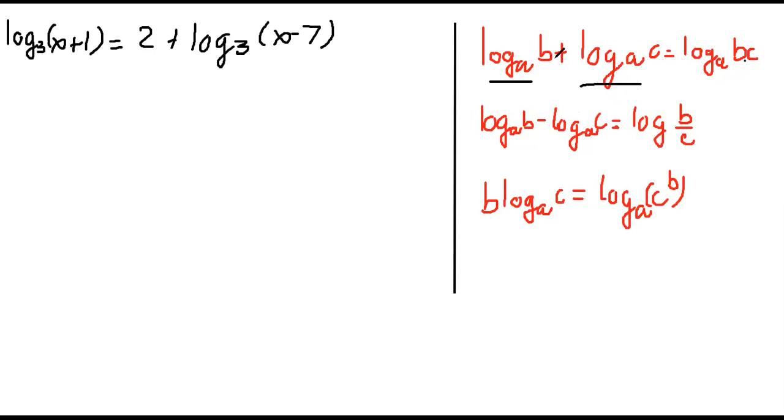So if you have log base A of B plus log base A of C, then the result will be equal to log base A of the product of B and C. So B times C. That is the product rule.